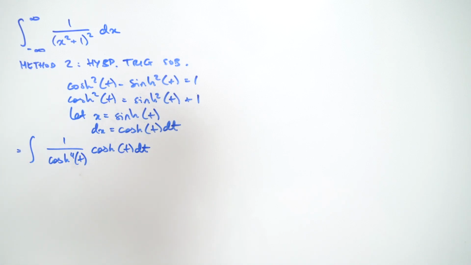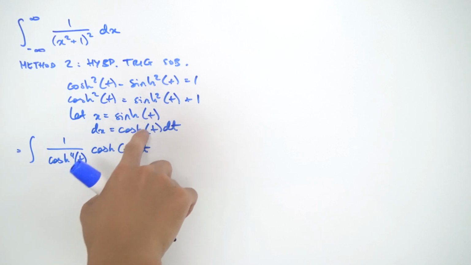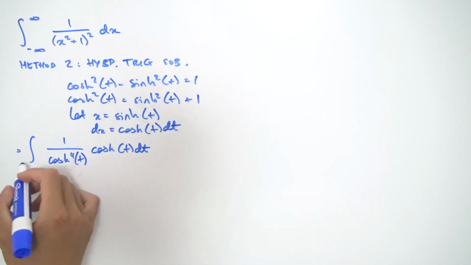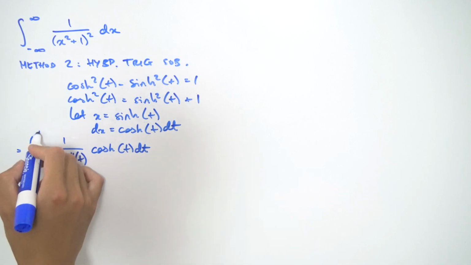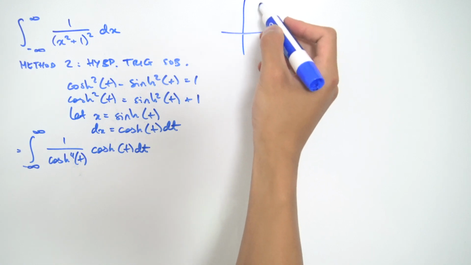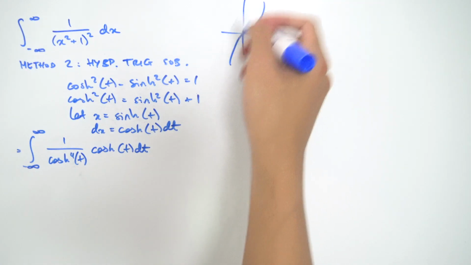And how about our bounds? Well, if you take a look at the sinh function, sinh of what will give us minus infinity? Well, that's just going to be minus infinity, and same deal for infinity. We're just going to preserve our bounds, because if you look at the sinh graph, it looks something like that, and nicely 1 to 1.